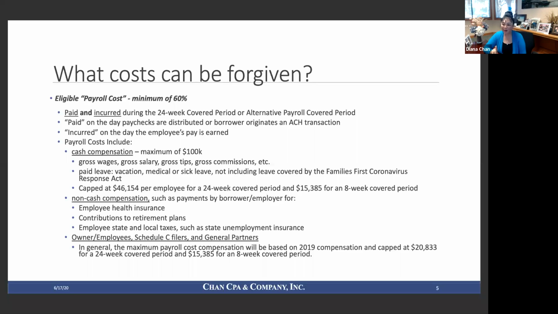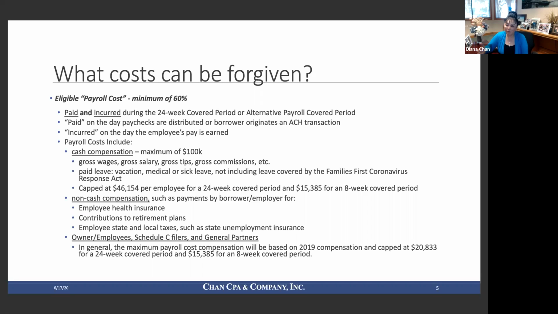But there's another caveat that I think is really important for you to understand. When in your entity you have owners, employees, and this also is respective to Schedule C filers and general partners, in general, the maximum payroll cost compensation will be based upon 2019's compensation.